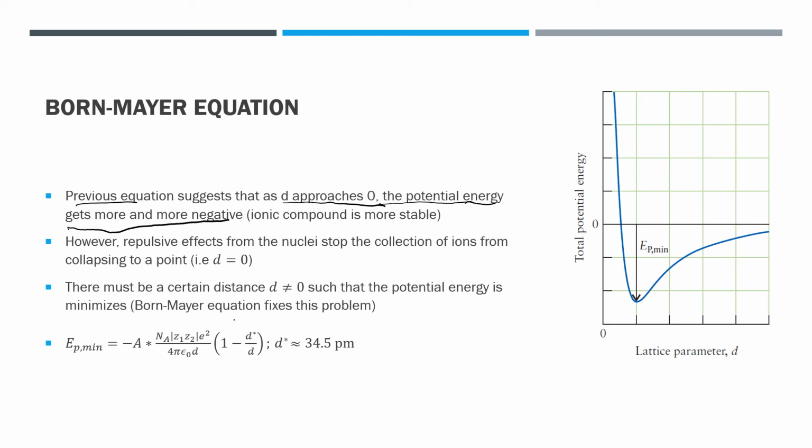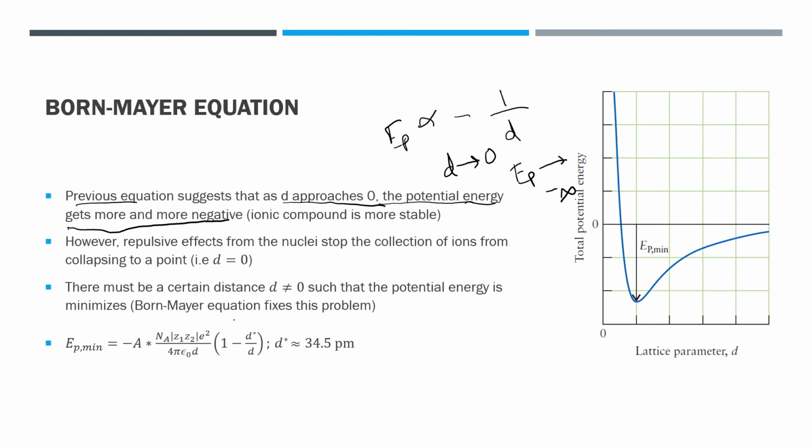If we remember the previous expression, our potential energy was proportional to negative 1 over D, basically, because the charges and everything were constant. So as our D goes to 0, our potential energy will go to negative infinity for our previous expression.